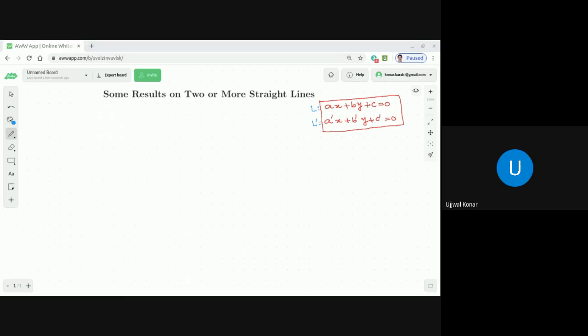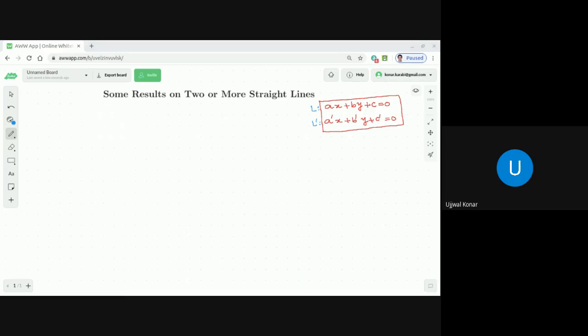That is the first way to understand whether these two straight lines are intersecting, parallel, or completely identical.